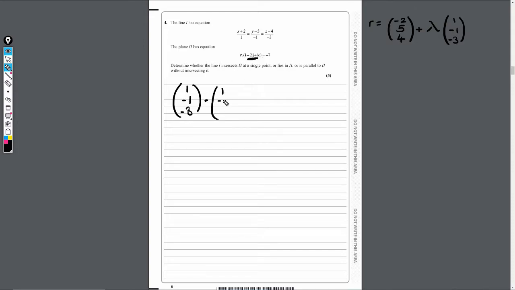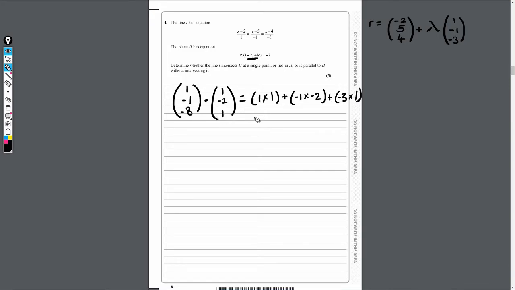Let's see what we get. This is going to be equal to 1 times 1, plus minus 1 times minus 2, plus minus 3 times 1.